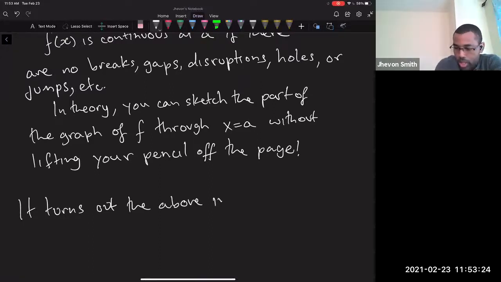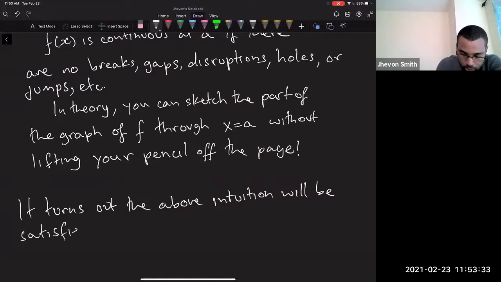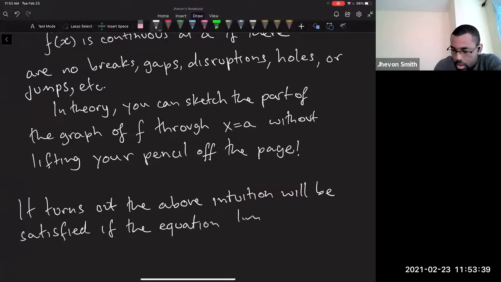The above intuition will be satisfied if the equation limit as x approaches a of f of x equals f of a is satisfied.